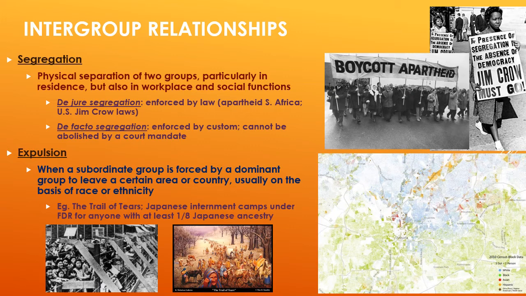And then I have this picture down here, this map here, just to kind of illustrate de facto segregation. So this map is from 2010, so obviously no more de jure segregation at this point in time.